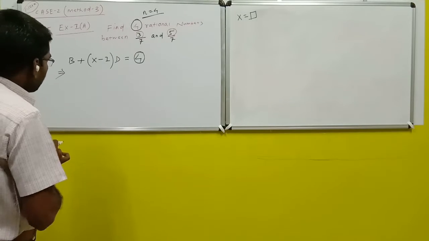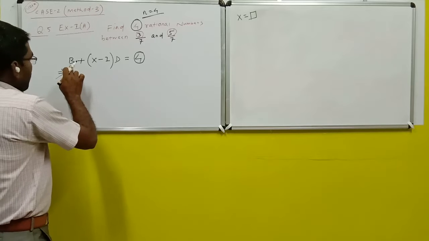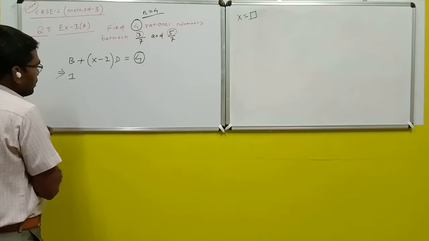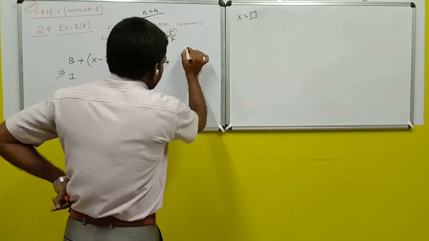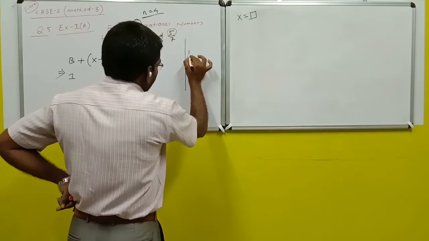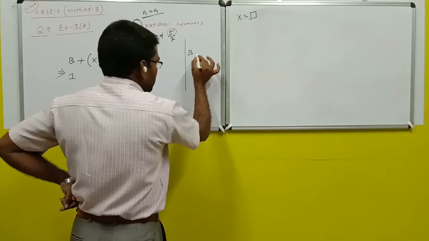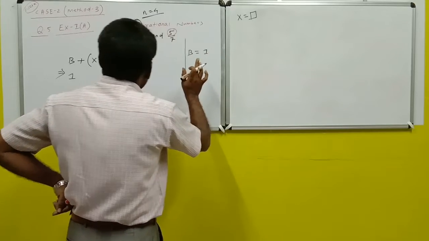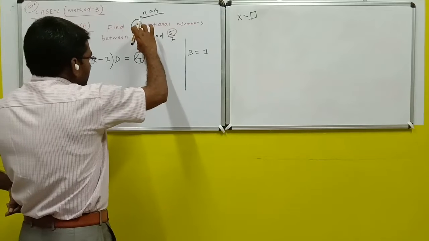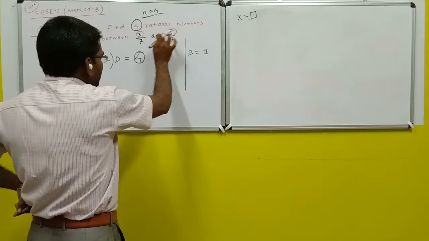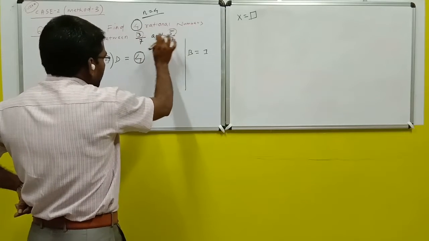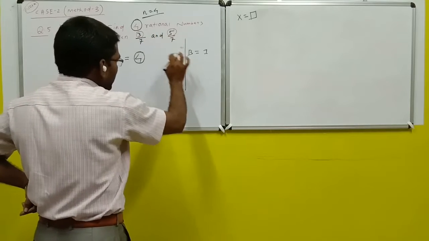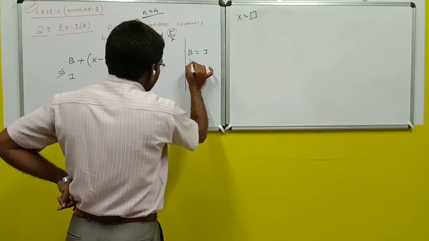Now put the value of b, that is 1. I have already mentioned that b का value 1 है, because already one rational number exists between these two. Therefore b का value 1 हो जाएगा. d का value 2.